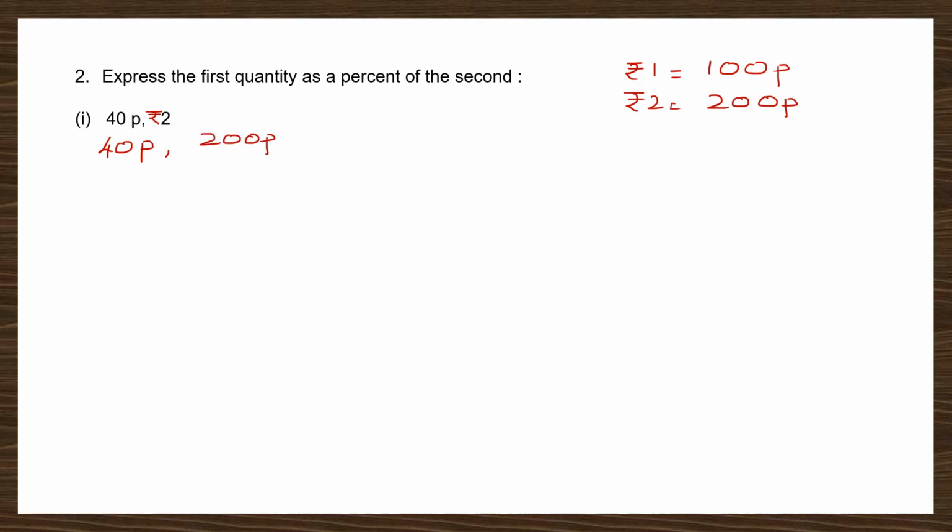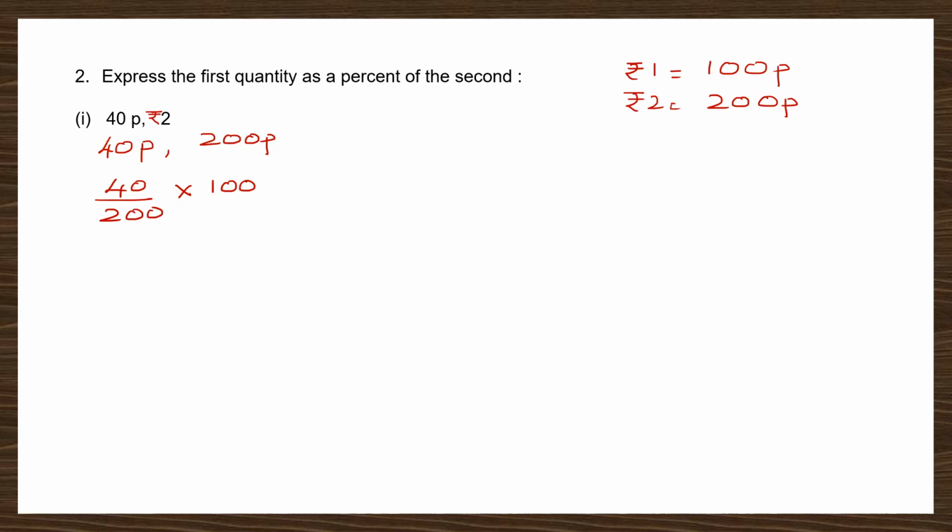So the question is, express the first quantity as a percent of the second. So 40 by 200, expressing as a percent, we multiply by 100. Even if we don't write the denominator 1, it's understood, isn't it? Now let's cancel whatever we can.